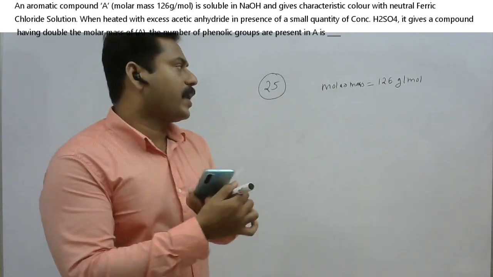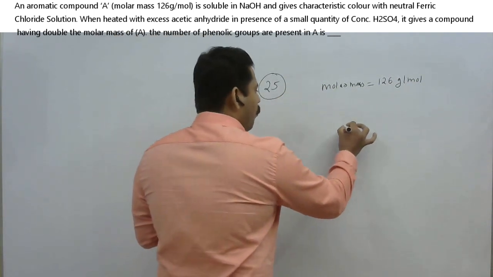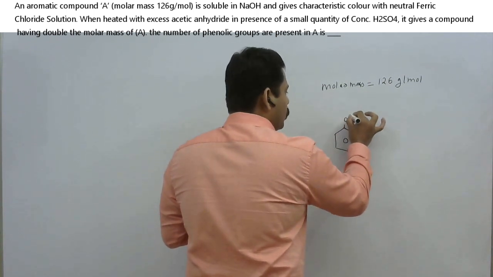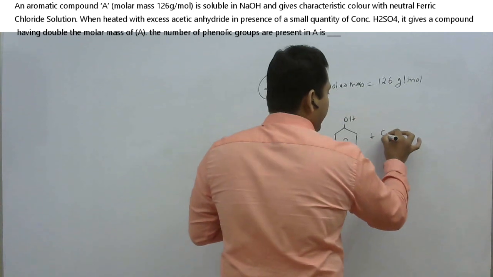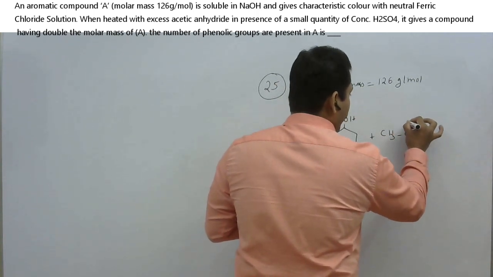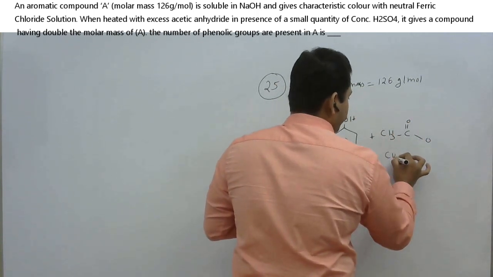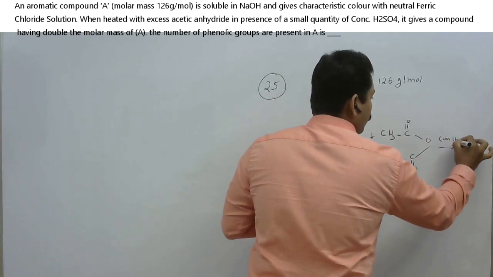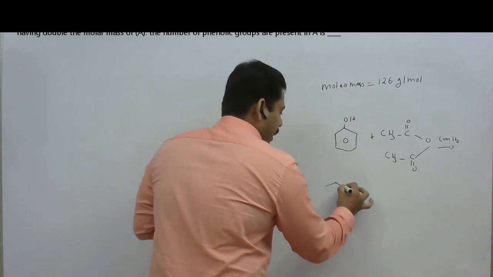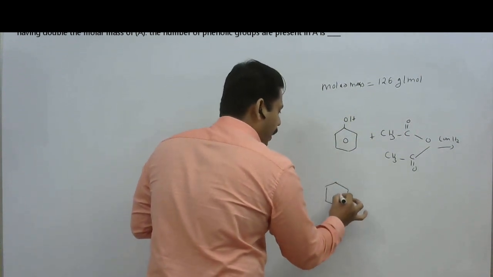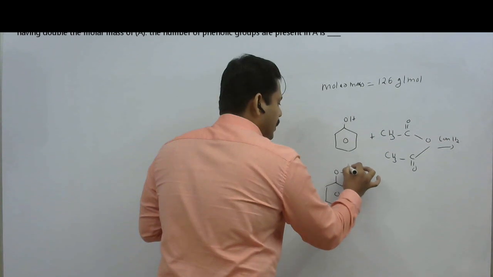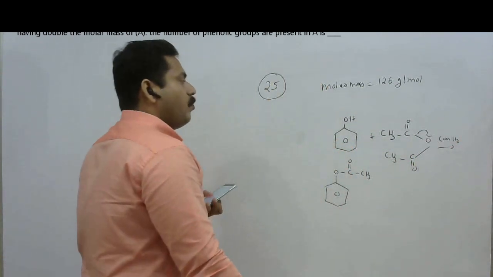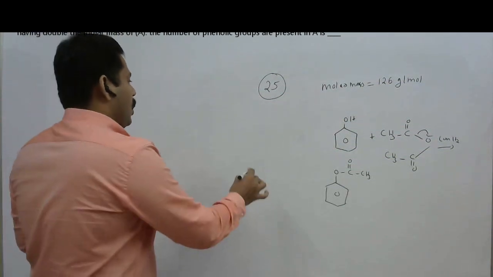So imagine I take one OH group, to that I am adding acetic anhydride in presence of concentrated H2SO4. We know that this hydrogen will be replaced by which group? The CH3C double bond O group, correct? So what is the change in mass?